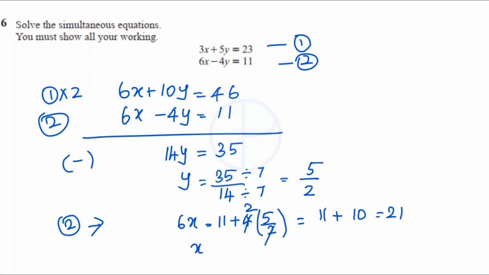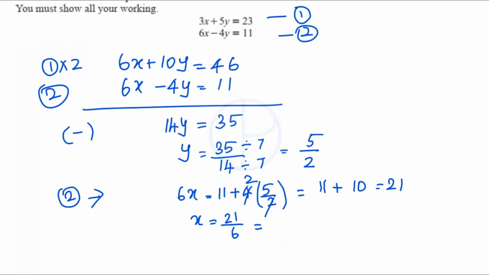So what is x? x is 21 divided by 6, which is equal to, divide the numerator and denominator by 3, we get 7 divided by 2.